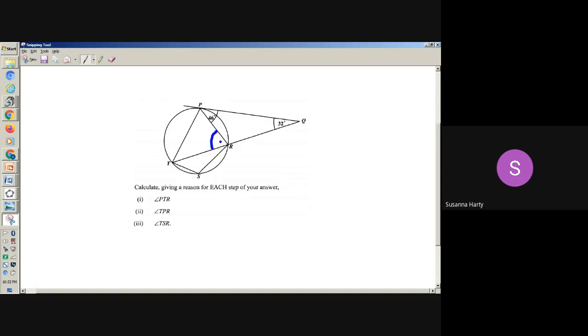Which triangle is an isosceles? I would call it T-P-R. So which two sides are equal? Or which two angles would have been equal?